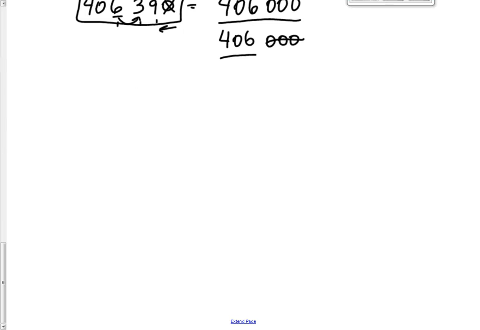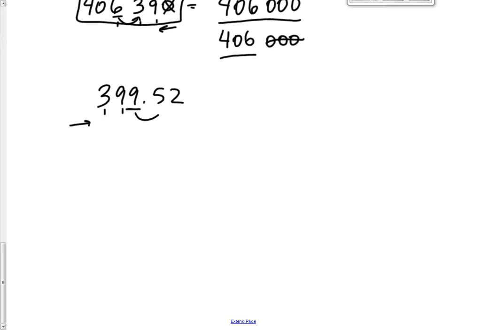All right, let's say we've got 399.52. Okay, we have a present decimal, so we're going to start on the left and work our way to the right. We have 1, 2, 3 significant figures there. So our third significant figure is that second 9.